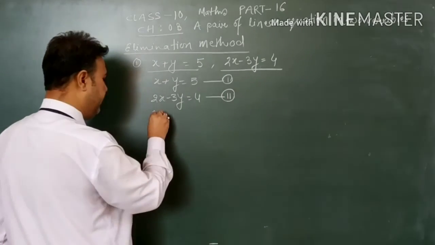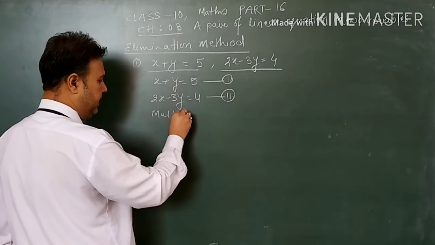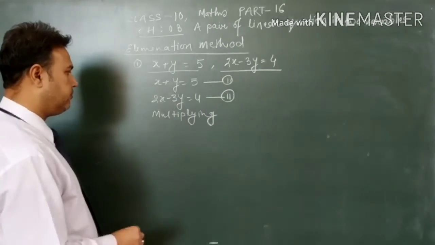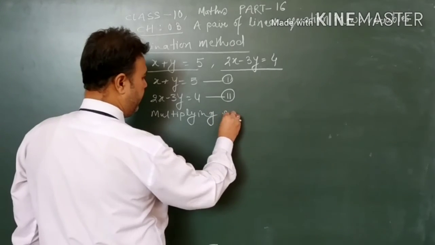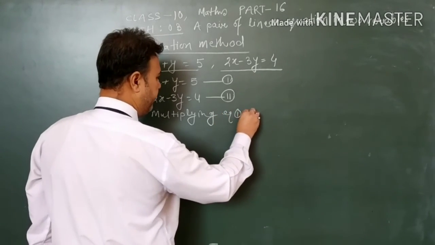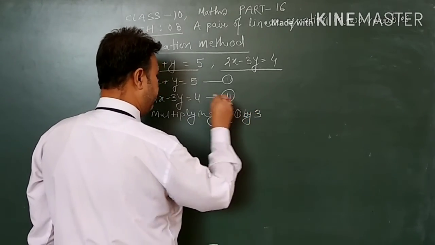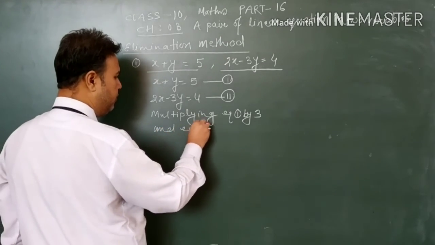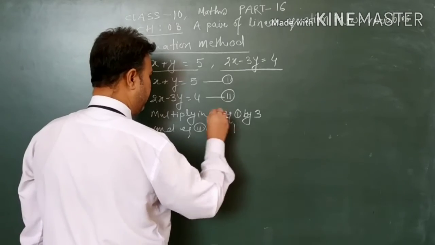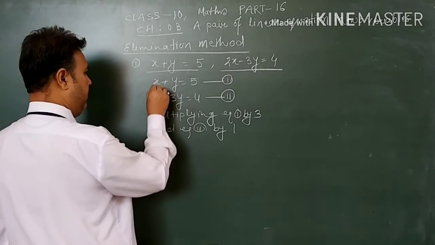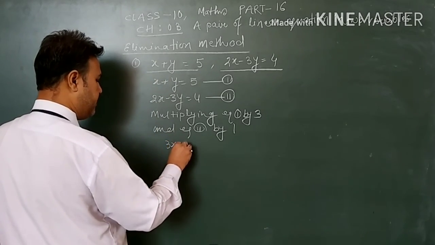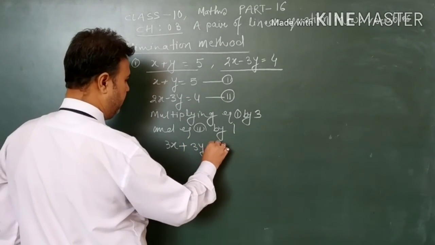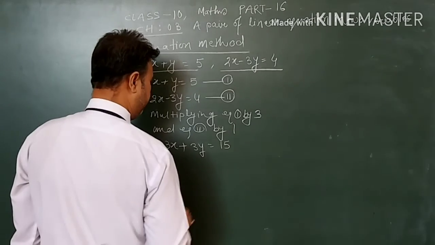Means multiplying equation 1 by 3 and equation 2 by 1. 3 into x, 3x, 3 into y, 3y, 3 fives are 15.